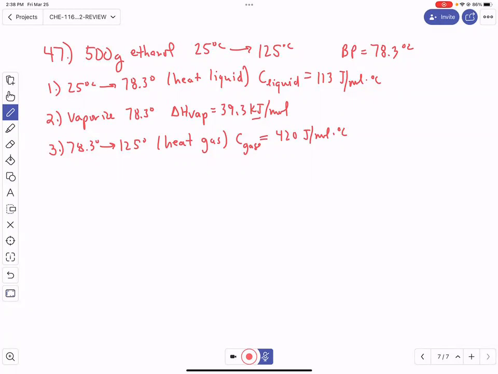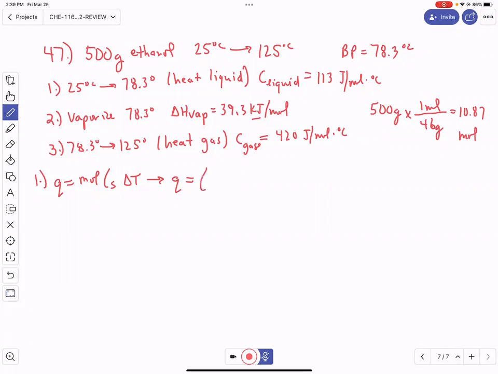So our first calculation, Q equals moles times C times delta T for the liquid. Actually, the calculation before this would be to find moles. I've got 500 grams of ethanol, and ethanol is, I think, 46 grams per 1 mole. So I've got like 10.87 moles of ethanol.